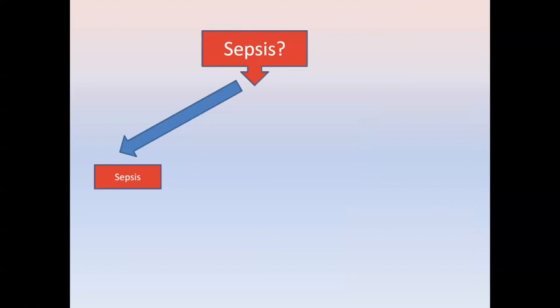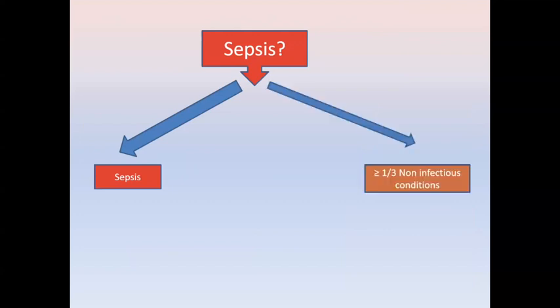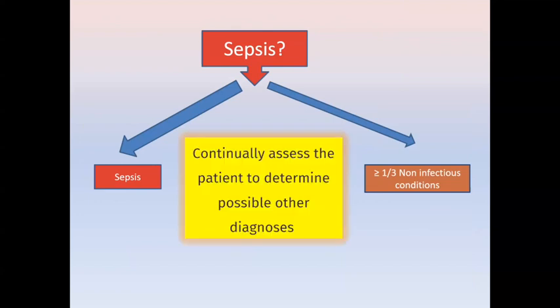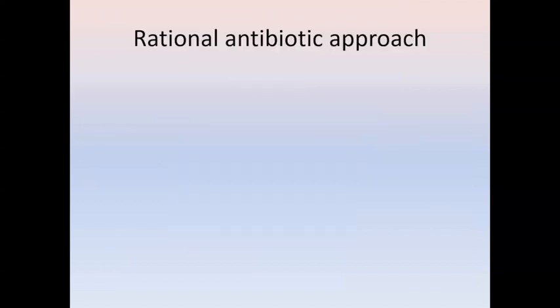It could be real sepsis, but sometimes, in about 1/3 of the cases, it could be a non-infectious condition that looks like sepsis. So we have to continuously assess the patient to determine the possibility of other diagnoses, because otherwise we'll be just wasting time and resources.